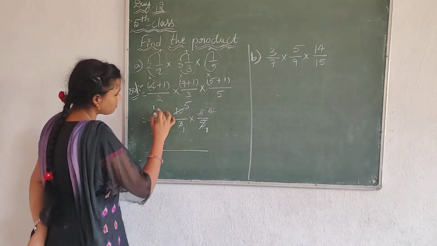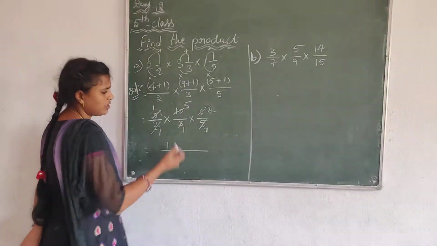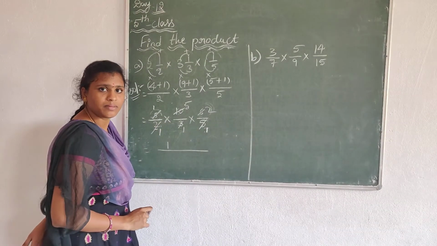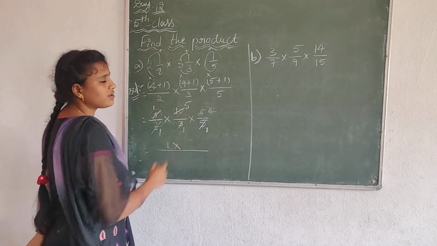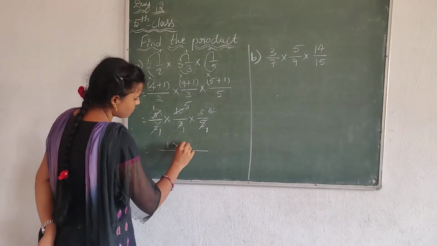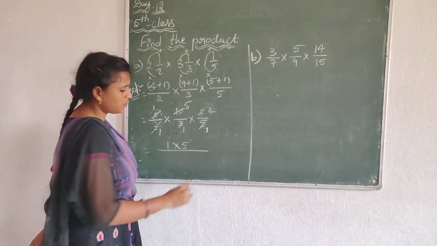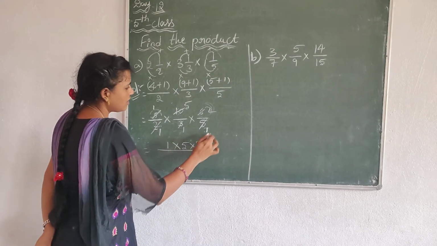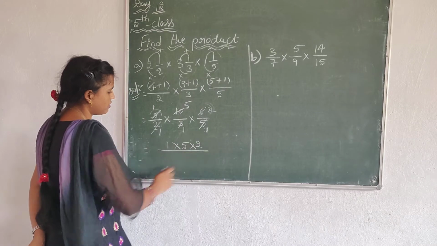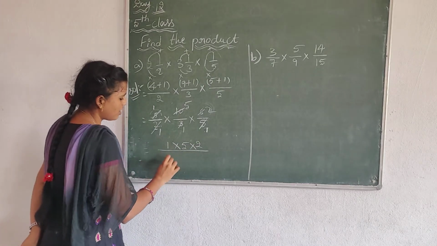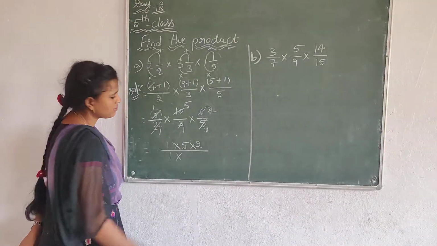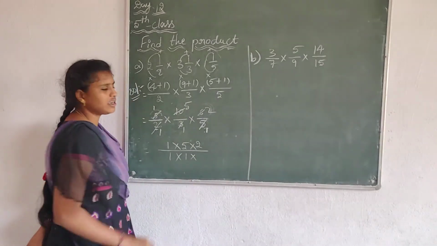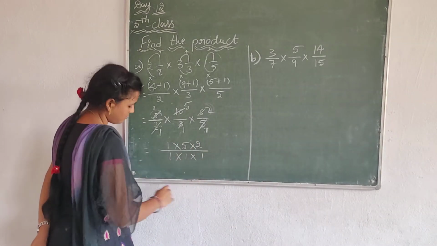Let's try it. Here 1. Next, what is the symbol? Into. Next, what is the number? 5. What is the symbol? Into. What is the next number? 2. The numerator is over. Let's take the denominator: 1 into 1 into again 1.